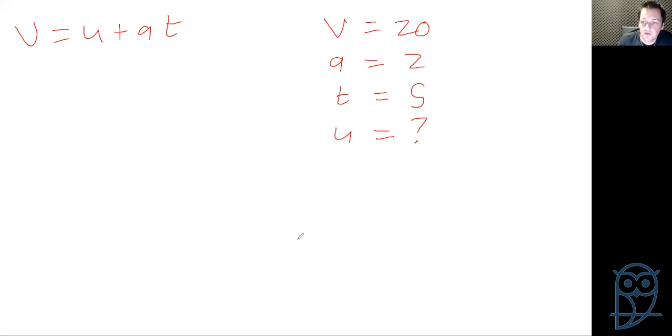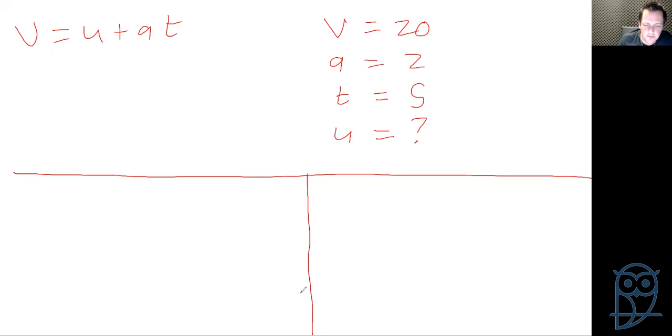There are two ways of doing this. Either you substitute in and then solve for U, or solve for U and then substitute in. Because I like to be complete, I'm going to show you both methods. One of the methods you would have seen already.